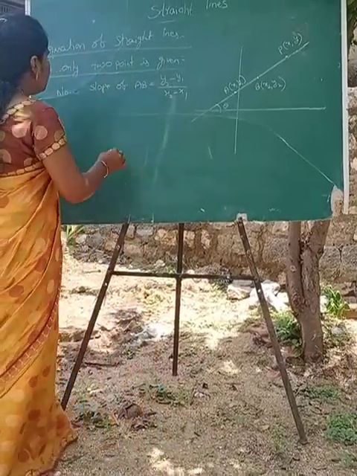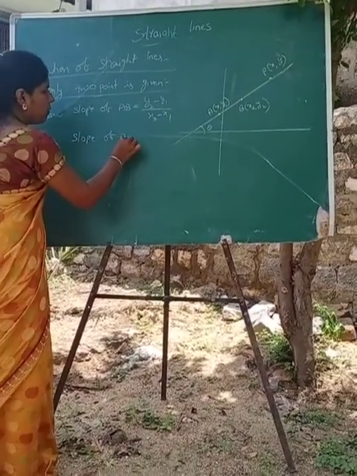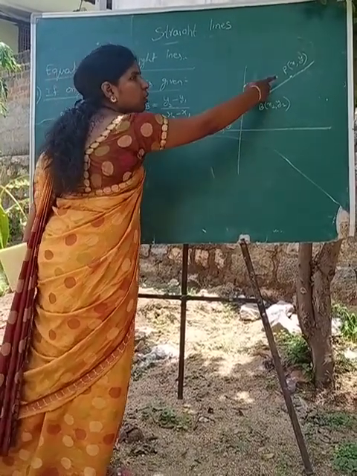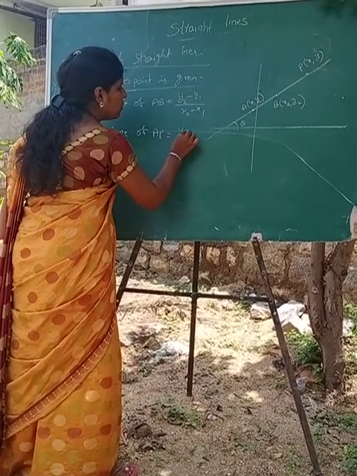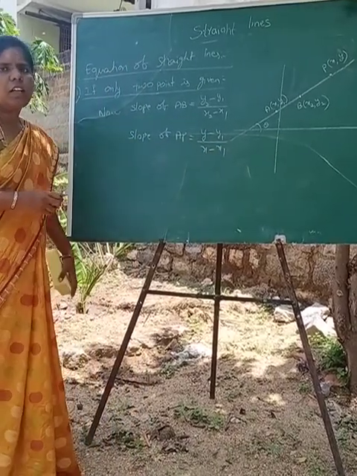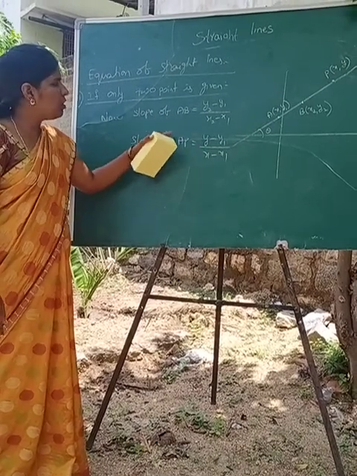I am going to find the slope of AP. What is the slope of AP? The points are x1, y1 and also x comma y. The slope is y minus y1 by x minus x1. Here both slopes are equal.